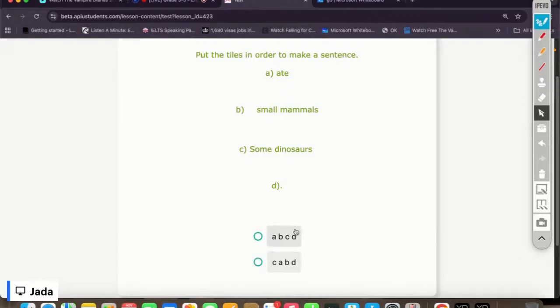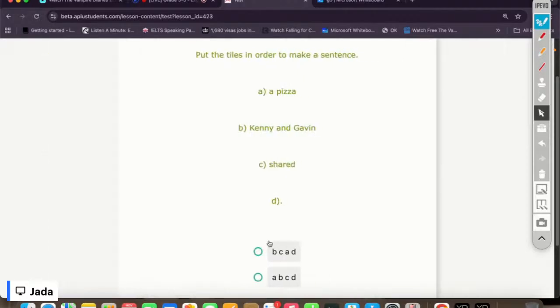All right, so some small mammals. Okay, we have what? The second one. So a pizza, Kenny and Gavin shared. First or second?